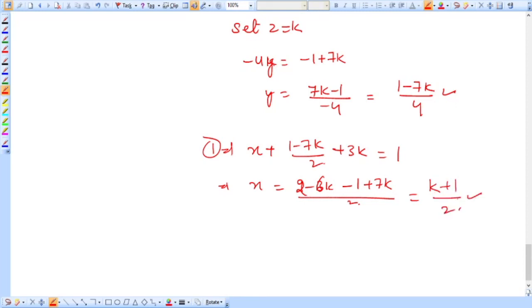So therefore x, y, z constitute the solution of the given system of equations, right? So x is equal to k plus 1 divided by 2, y is equal to 1 minus 7k divided by 4 and z is equal to k.